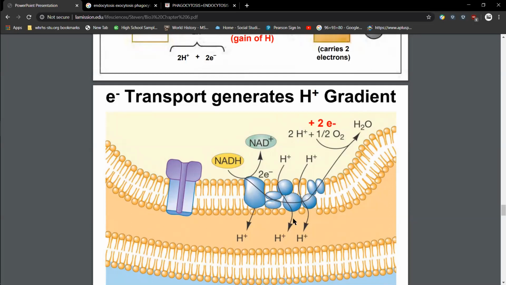Another important thing about the electron transport chain is that it works to pump hydrogen ions. If you remember, we just learned about diffusion and active transport. As electrons are being transported down this electron transport chain, it's creating a lot of energy through this series of reactions. And because it's creating a lot of this energy, hydrogen is being pumped.